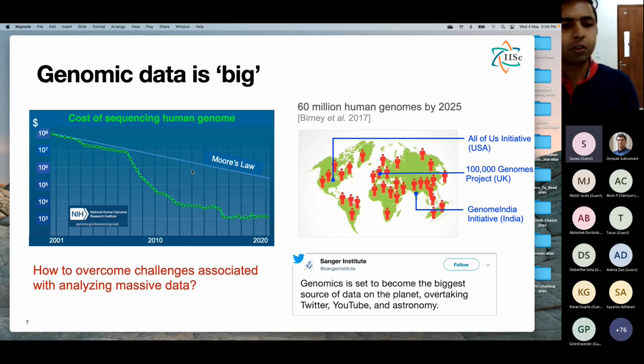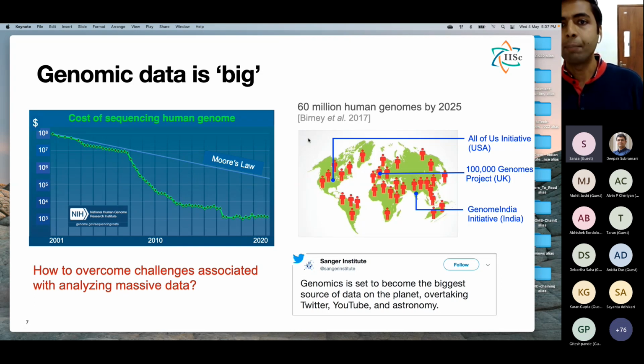But now every life science lab, even if you visit IISc, a lot of labs now have the ability to sequence genomes because the cost and the ease of sequencing has become so much better compared to the past 15 or 20 years. As a result, the amount of data available in public databases has grown exponentially.